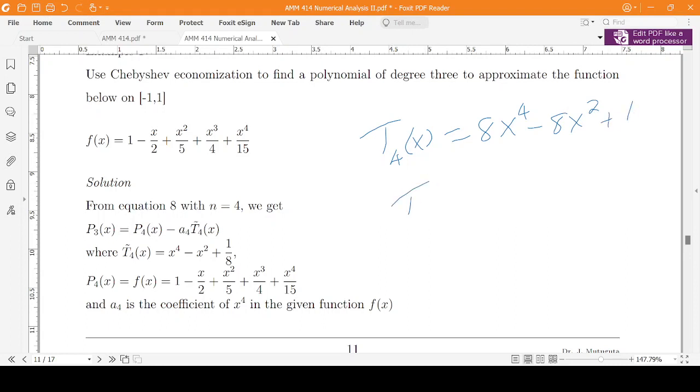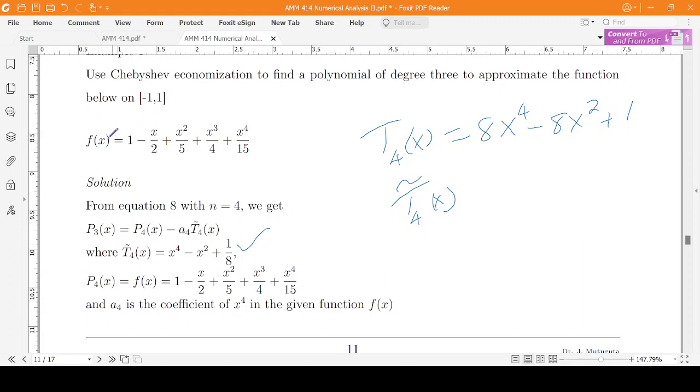So we can get the associated monic Chebyshev polynomial by dividing this by 8, sorry, not 4. If we divide here by 8, here by 8, here by 8, we get the Chebyshev monic polynomial of degree 4, which is this one.